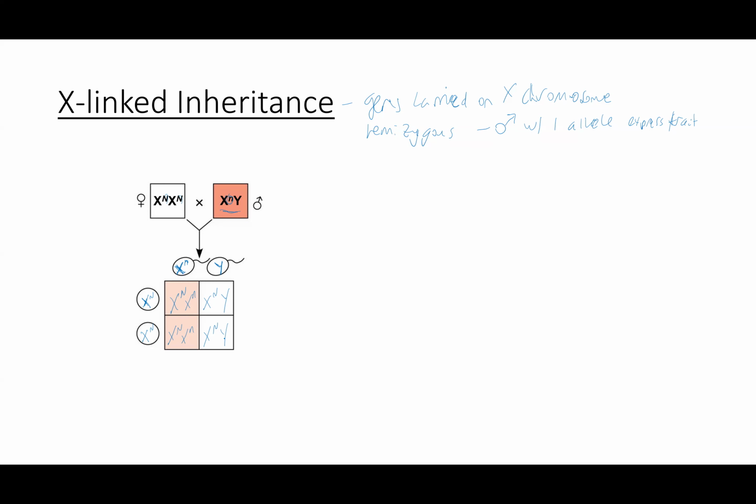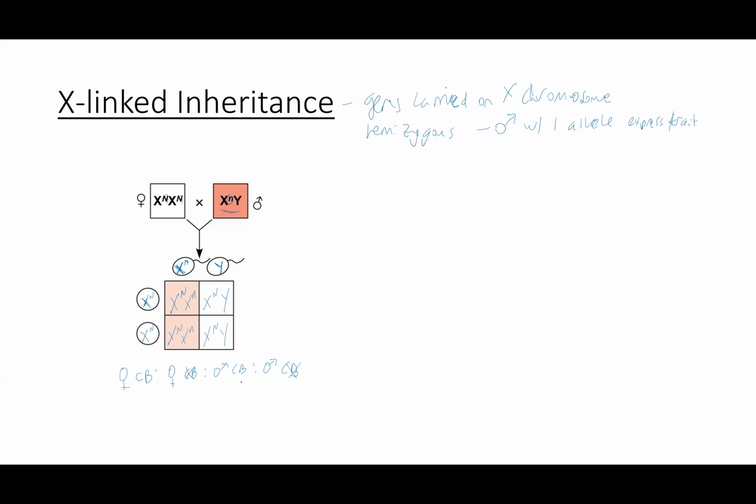When we do the phenotype ratio here, we have to pay attention to male versus female. So there's really four possibilities. You can have a female who's affected, we'll just say colorblind because that's shorter, a female who's not colorblind, a male who's colorblind, or a male who is not colorblind.